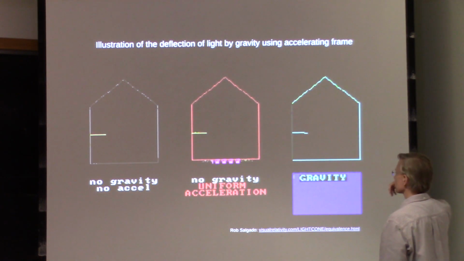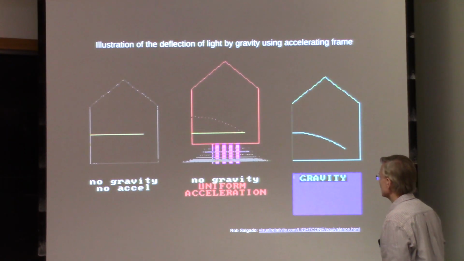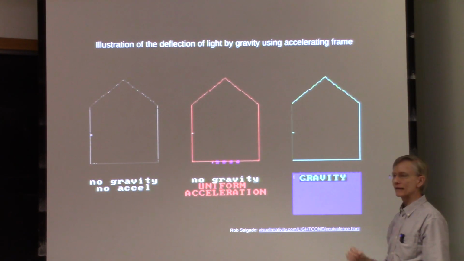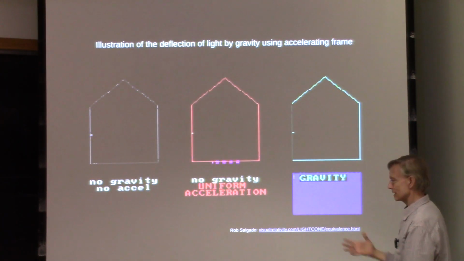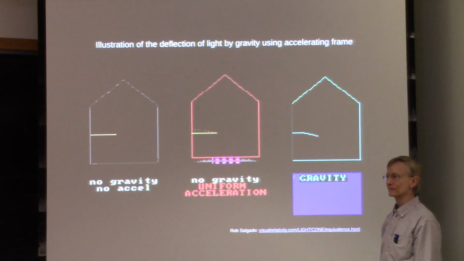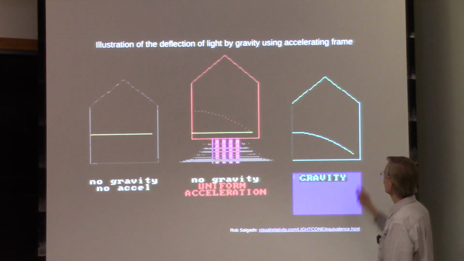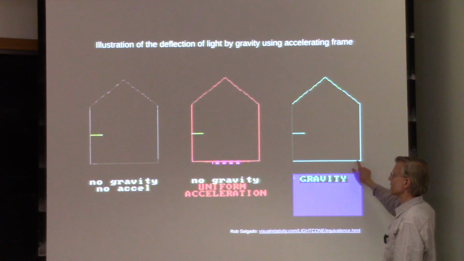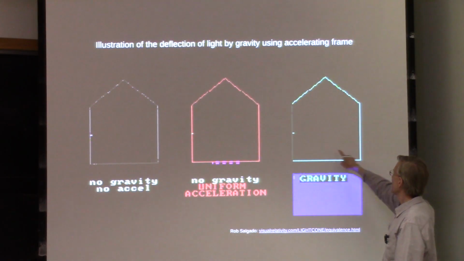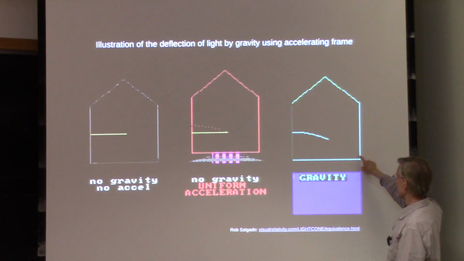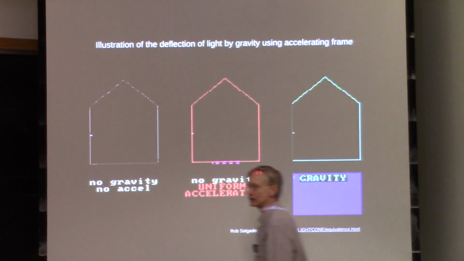And again, the principle of equivalence says that being in the accelerating rocket is entirely equivalent to being in a uniform gravitational field. So if the principle of equivalence is true, and experiments show that it is, then we expect to see exactly the same thing in a gravitational field as we would see in the accelerating rocket ship. And so in a gravitational field, a photon follows a curved path.